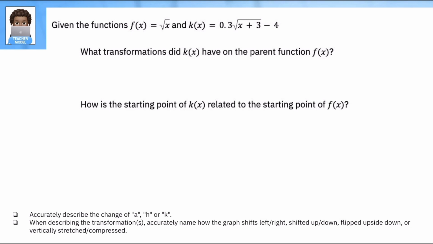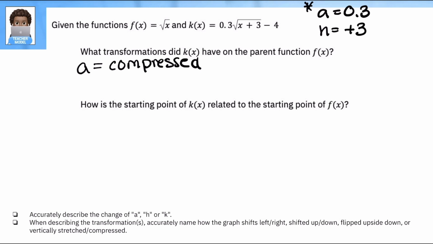All right, so what do we see? What do we notice? Here we have a equal to 0.3. We saw something different happen here, right? So what do we think that's going to mean for a? Being that it is less than 1, this time it's going to do the opposite. Instead of going wider, it's going to be compressed. All right, what do we know about our h? Our h is a positive 3 in there, so that means we're going to shift 3 left.